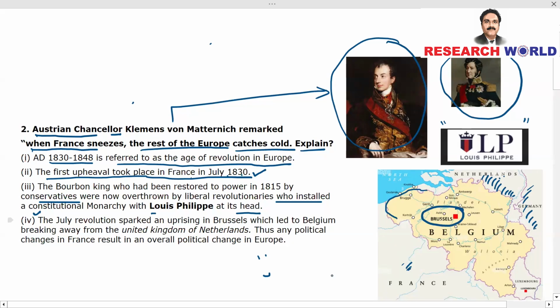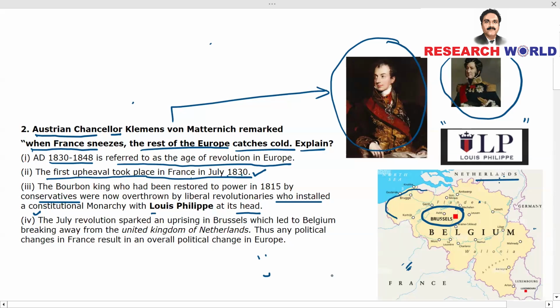The July Revolution sparked an uprising in Brussels, which led to Belgium breaking away from the United Kingdom of Netherlands.